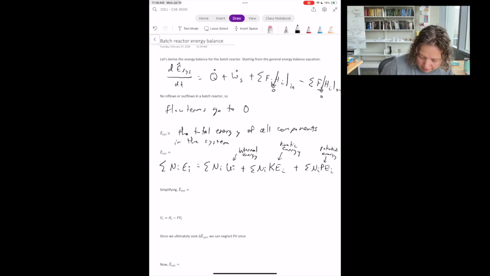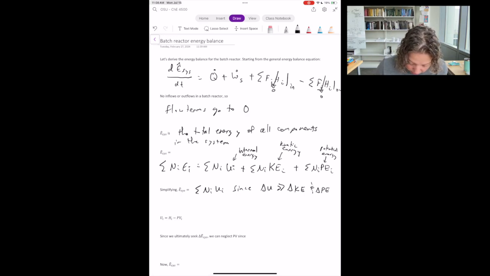So we're going to simplify this. We're going to say that the system energy is really going to be the internal energy, since delta U, the change in internal energy over the course of a reaction, is going to be much greater than the changes in kinetic and potential energy.